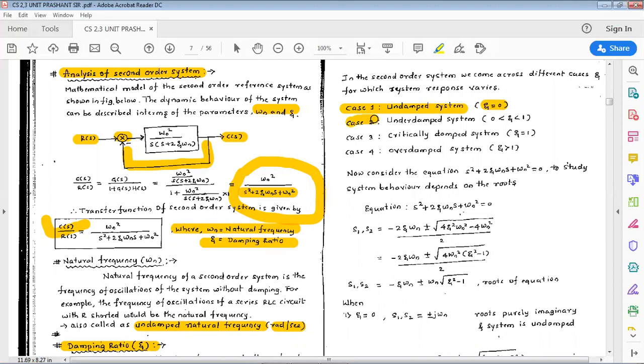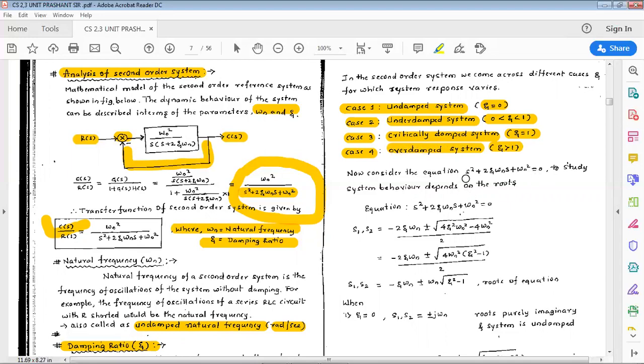In case 2, it is an underdamped system, for which zeta lies between 0 and 1, that is zeta greater than 0 and less than 1. Case 3, it is a critically damped system, wherein zeta is equal to 1. In case 4, it is an overdamped system for which zeta is more than 1.